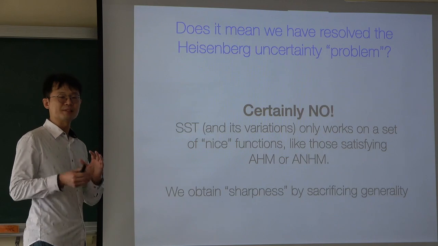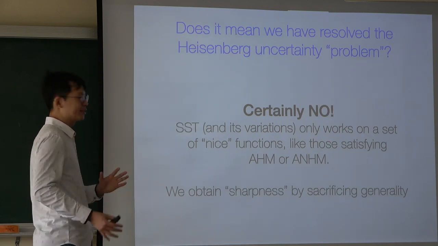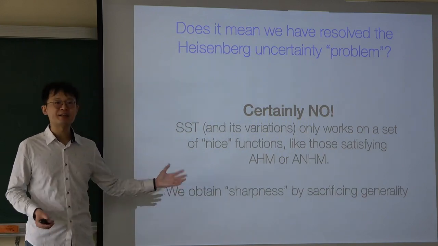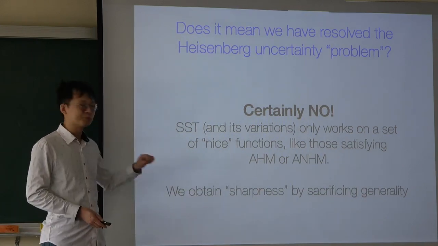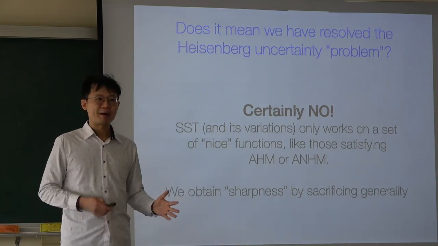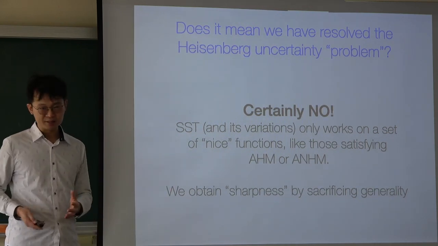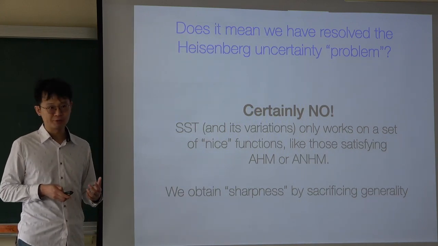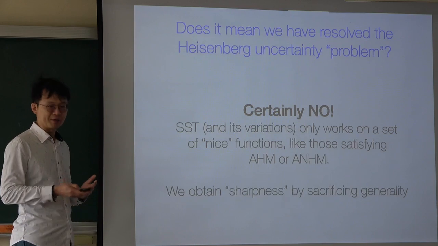It needs to satisfy some conditions. So we obtain the sharpness by sacrificing generality. That is the usual principle. We are not able to bypass the Heisenberg uncertainty principle at this moment. We do not know too much. Maybe we are able to achieve something, but not right now.